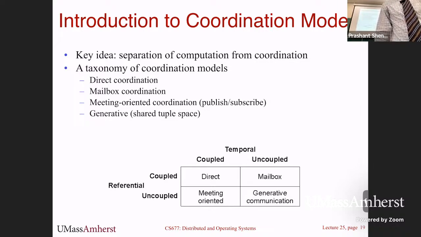Unlike a standard RPC, where you send a message, the server processes it, and sends back a response. That's our direct model. In the mailbox model, you are no longer coupled in time. You're uncoupled in time, which means that sending and receipt are going to happen at very different times. That's another way of having communication between the client and the server.